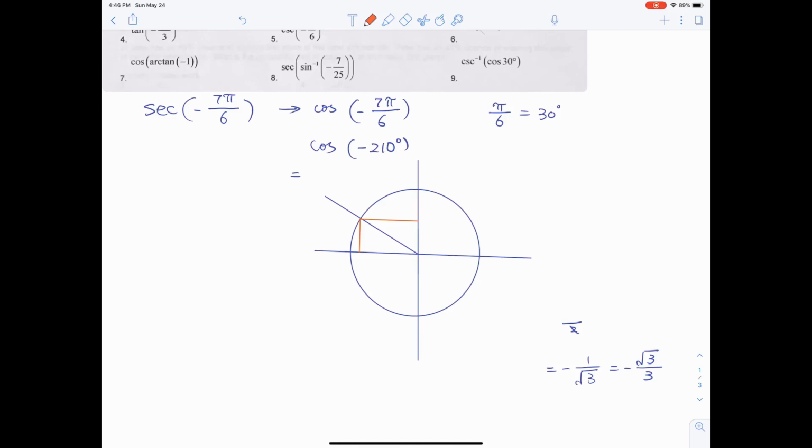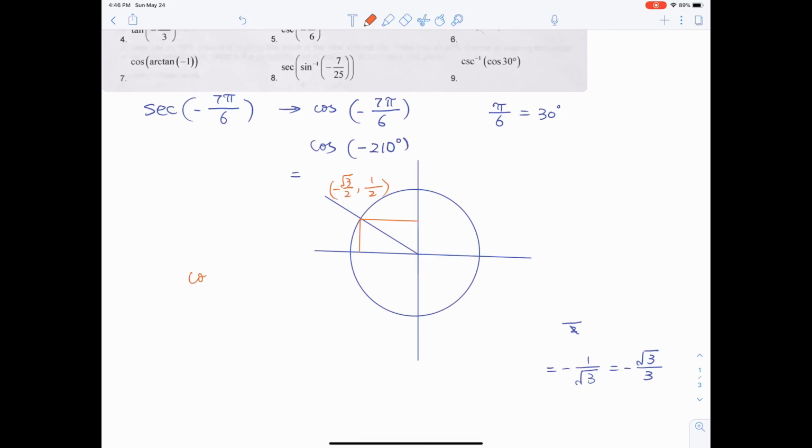The x value is negative root 3 over 2, and the y value is half.